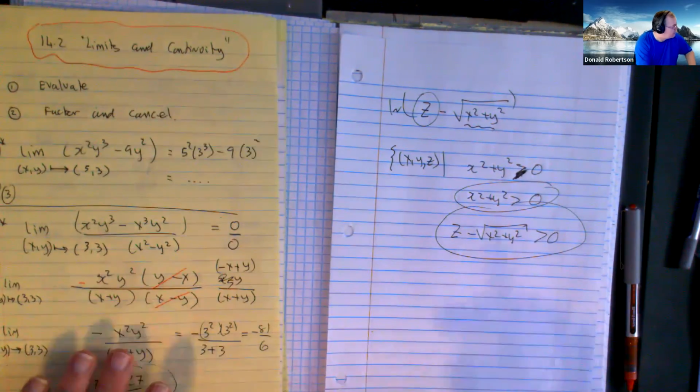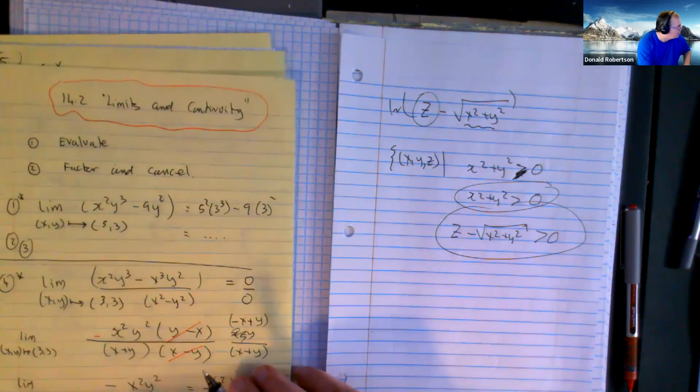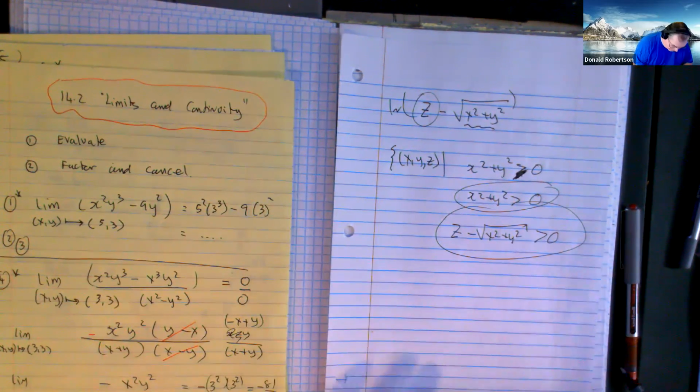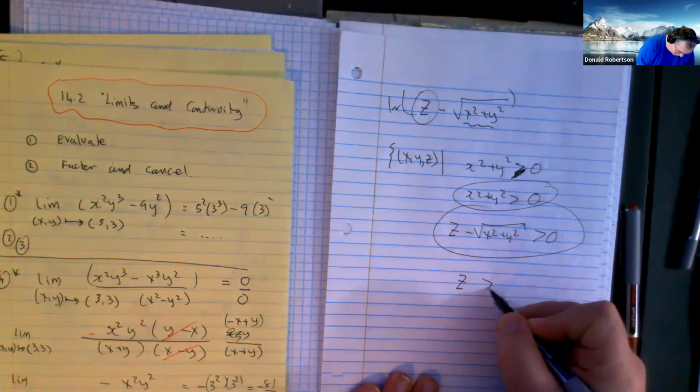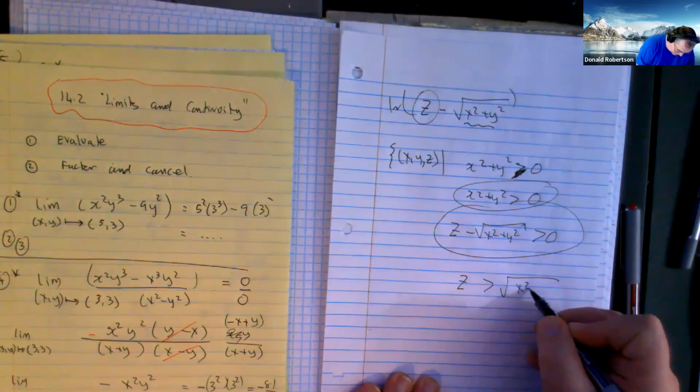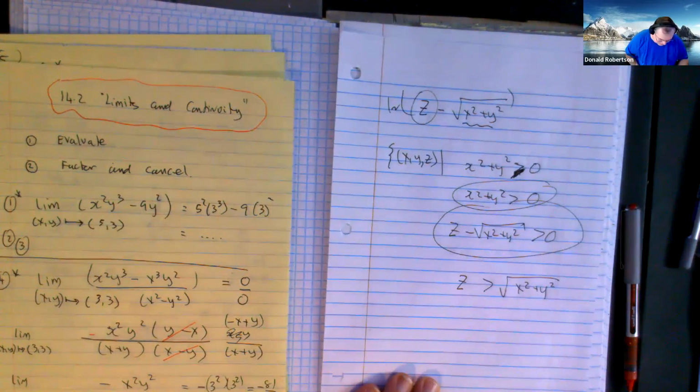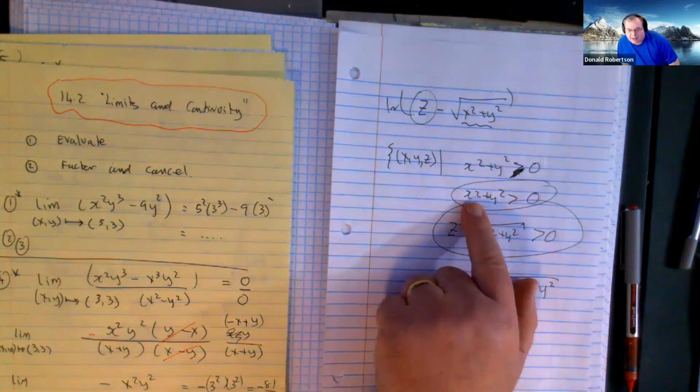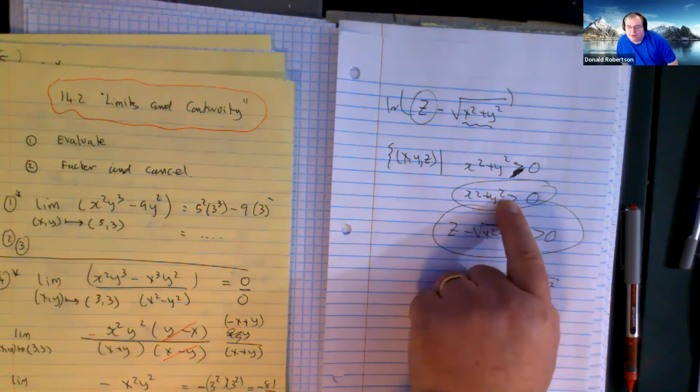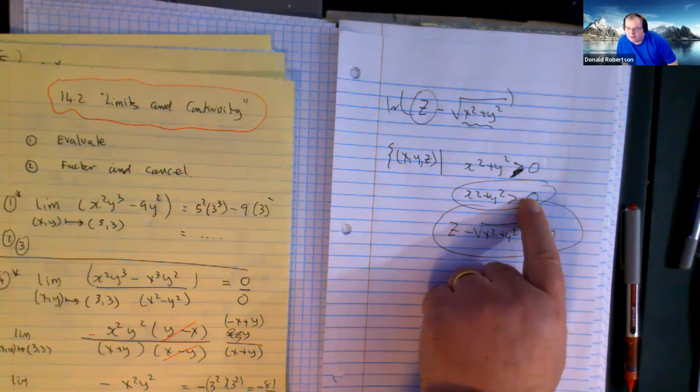They went and rewrote this like that, and now I know why. x squared plus y squared has to be greater than 0. Agreed? Mhm. But isn't x squared plus y squared guaranteed to be greater than 0?